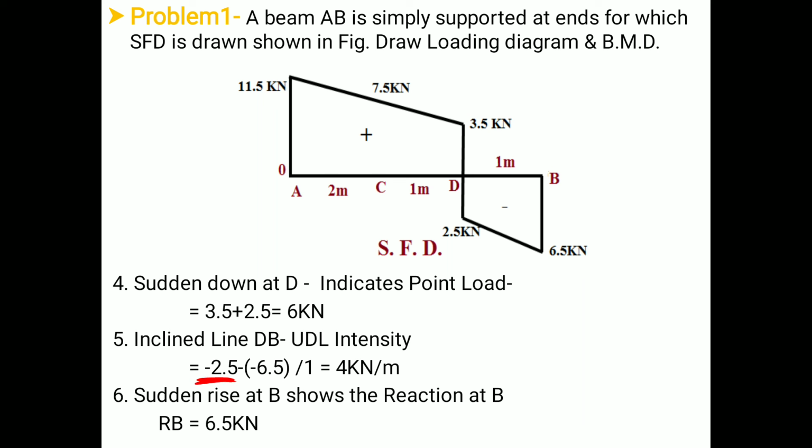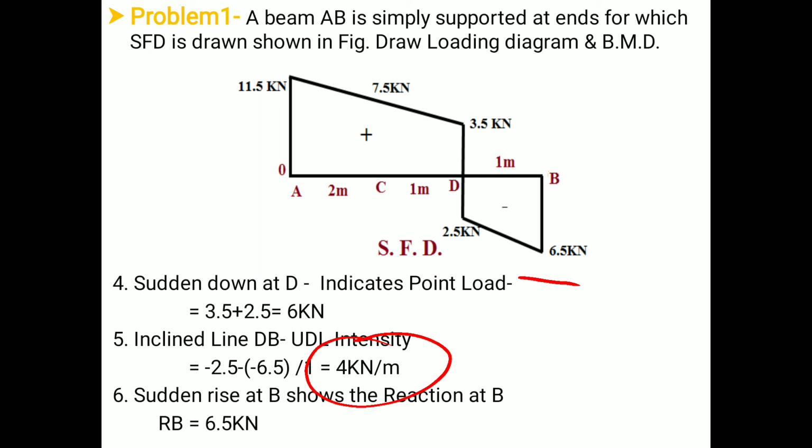The difference works out to minus, and again for 6.5 we have a minus sign, therefore it becomes 4 kilonewton per meter.